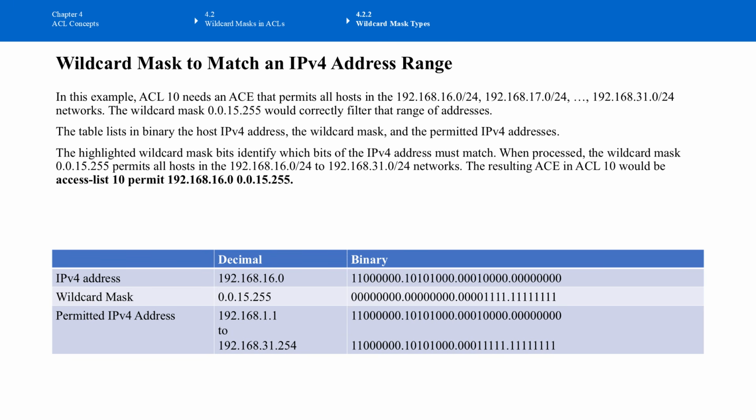These are the must-match bits. And then the remaining 12 bits can be any number. Can be 0, can be 1. They don't need to be matched. Can be ignored. So it's between all 0s and all 1s.